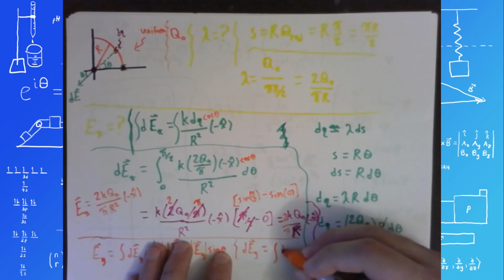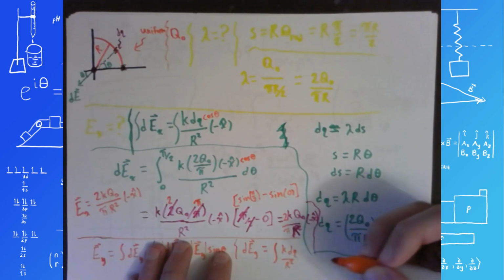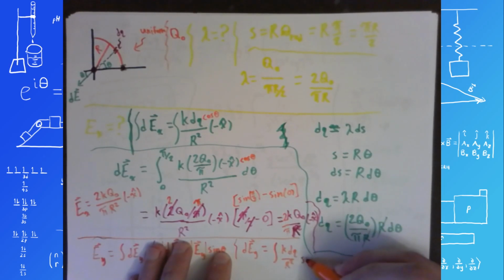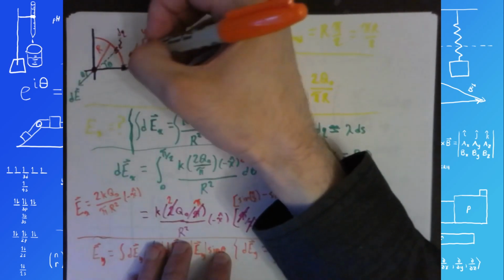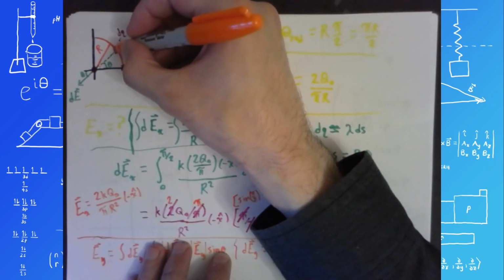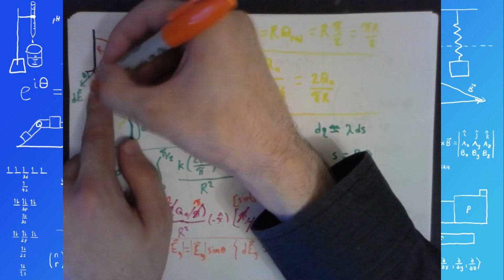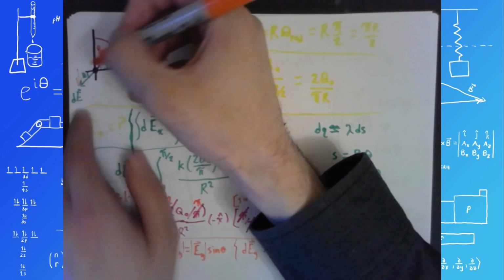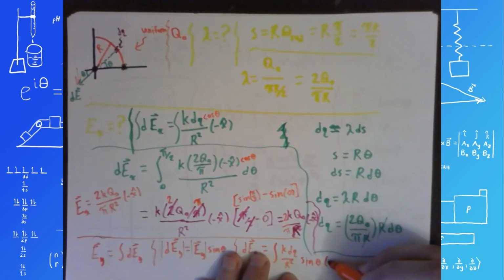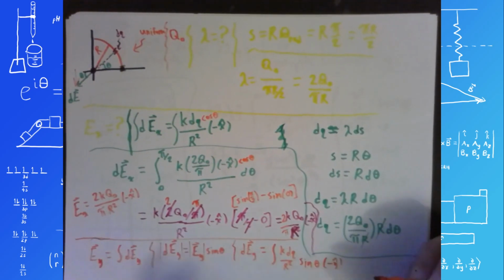Integral of k dq over big R squared times sine of theta. This time I'm not forgetting it. And then for the direction, for every single segment along this arc, the y component of dE is always going to be pointing downward in the negative y direction. So I'm going to say negative y hat, or if you prefer, negative j hat.